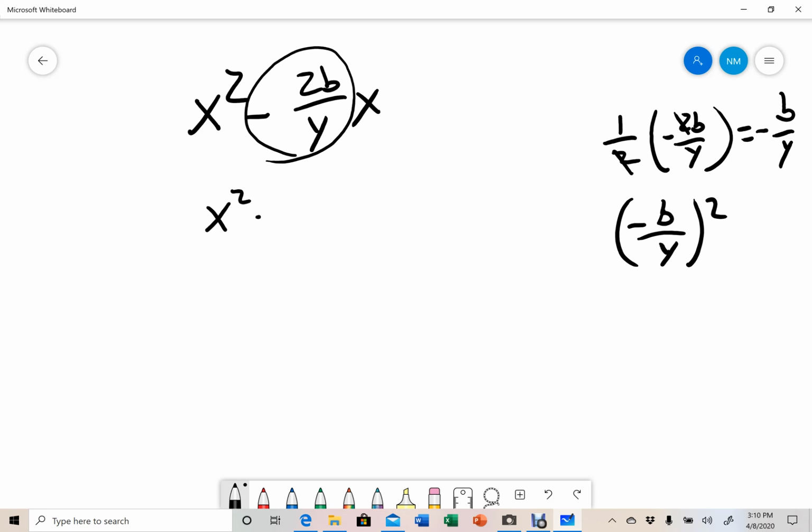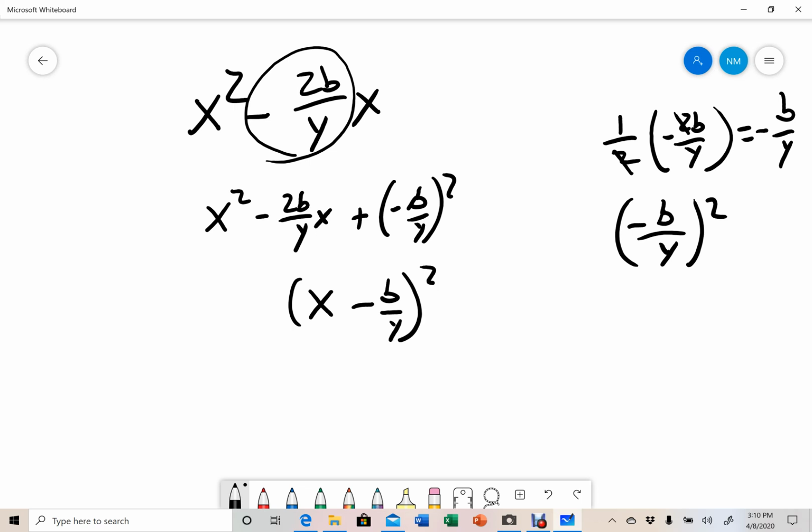So I have x squared minus 2byx plus negative b over y, squared. I stick that in as my third term, and then I factor. So I've got (x minus b over y) squared.